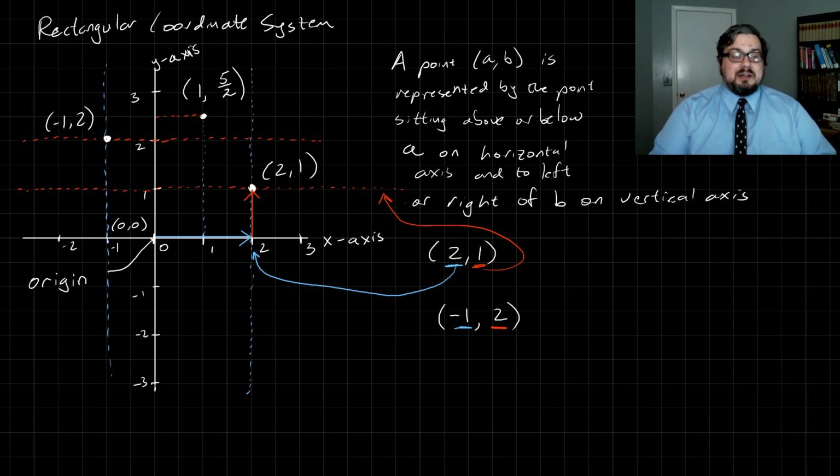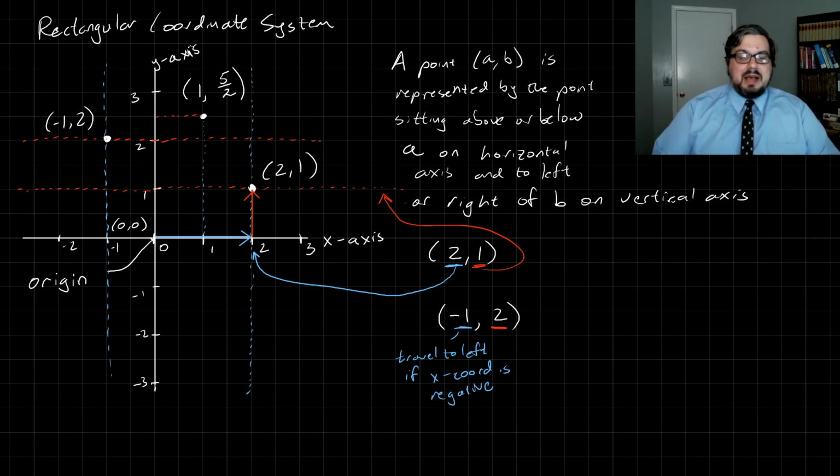If we want to think about it in terms of how we travel to get there, then a negative value here means we travel to the left if the x-coordinate is negative. So a -1 means that if we start at the origin, we move to the left by 1, and then we look at the y-coordinate.